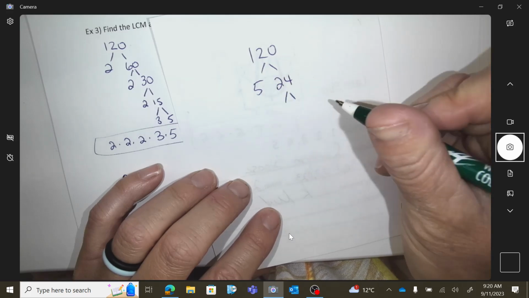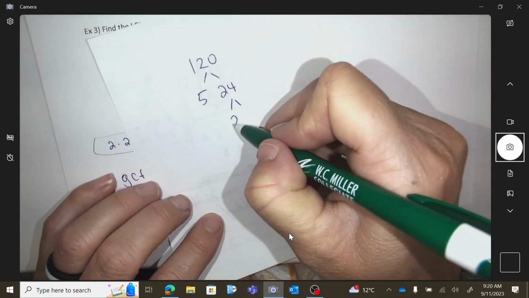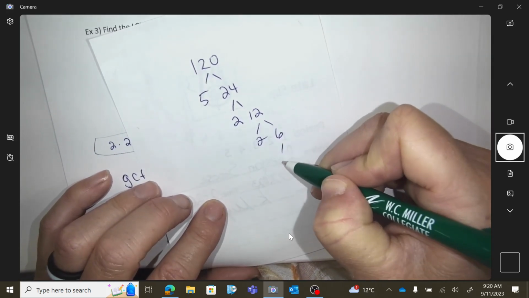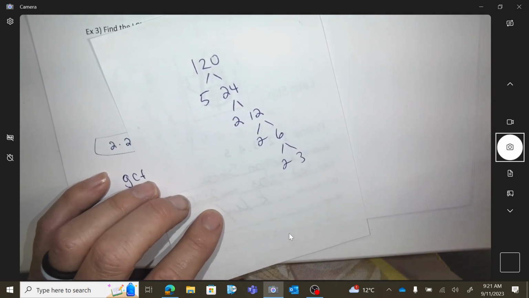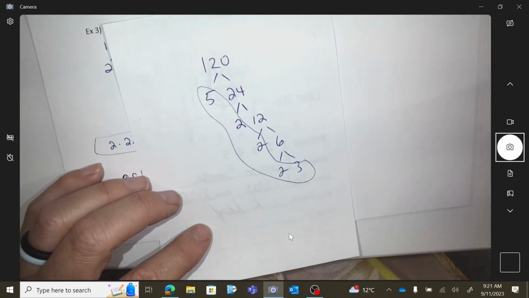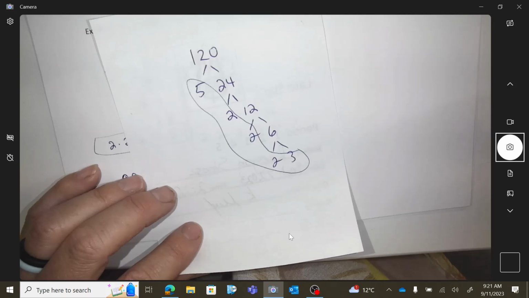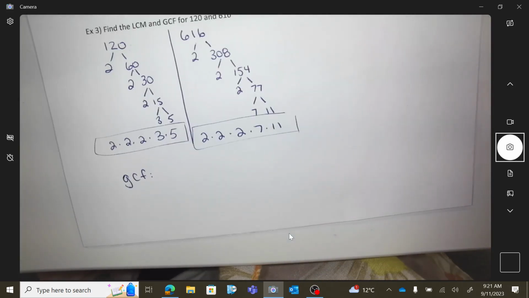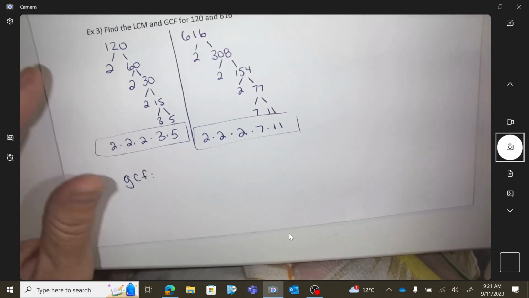Oh, okay, yeah. So then I could do 2 times 12. And then 12 is 2 times 6. And then that's 2 times 3. So do you see how I ended up with 2, 2, 2, 3, 5? Same thing. Yep, so you can do that as well.